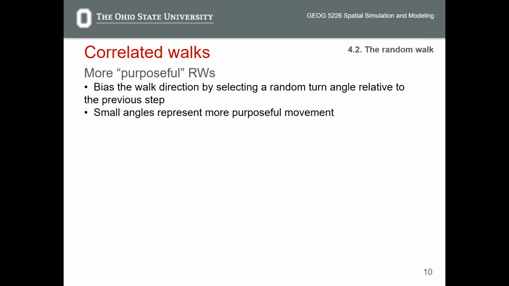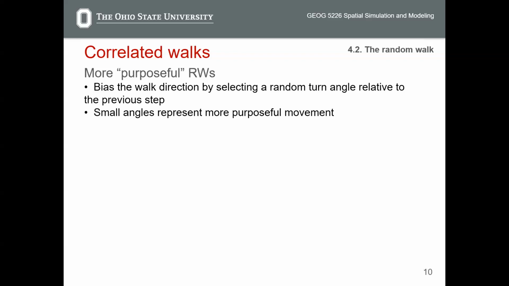It doesn't look purposeful. But if you are using correlated walks, the previous step was along east, right? And the direction of the next step should be within a specific random turn angle range of the previous step, which means that the next step could be somewhere biased, some direction biased from pure east, but not likely to be pure west.